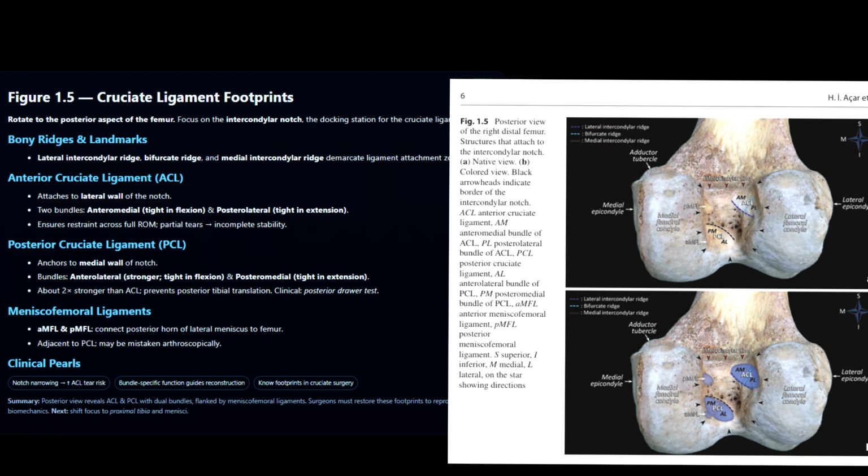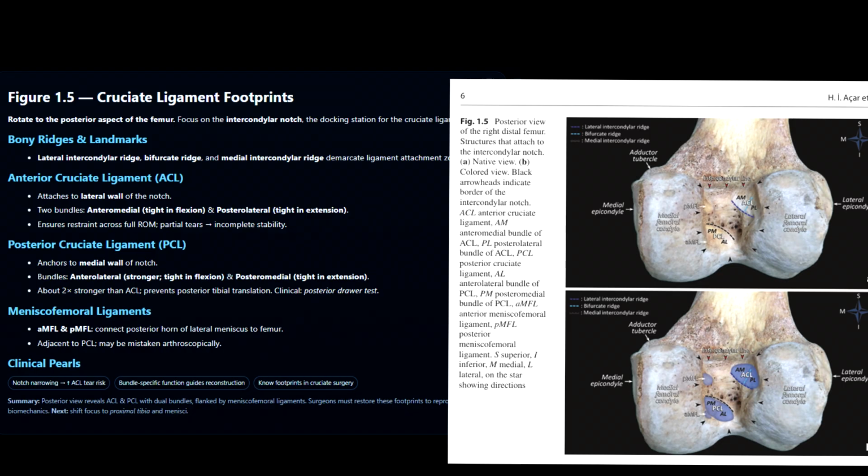Now, let us swing the femur around to its posterior aspect, as shown in figure 1.5, and focus on the intercondylar notch. This view is crucial because it exposes the hidden heart of the knee's stability system, the cruciate ligaments, and their bundles. Look closely at the notch.